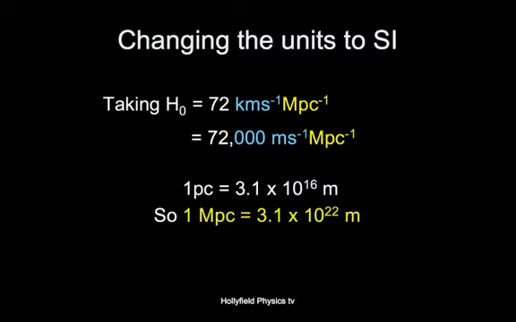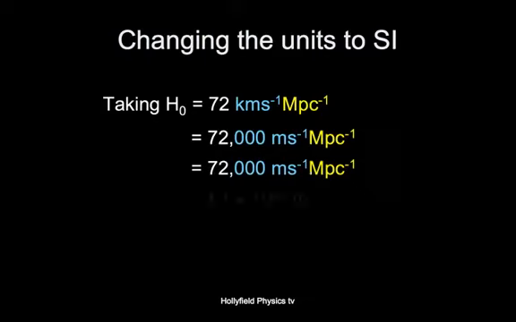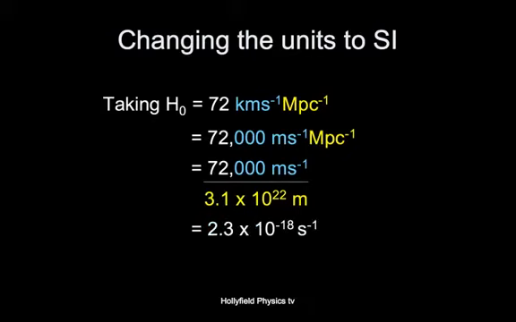So 1 parsec is 3.1 times 10 to the 16 meters, megaparsec 3.1 times 10 to the 22 meters. So we'll divide by this figure. And we end up with a very small number indeed, 2.3 times 10 to the minus 18 per seconds. This is the Hubble constant in SI units.